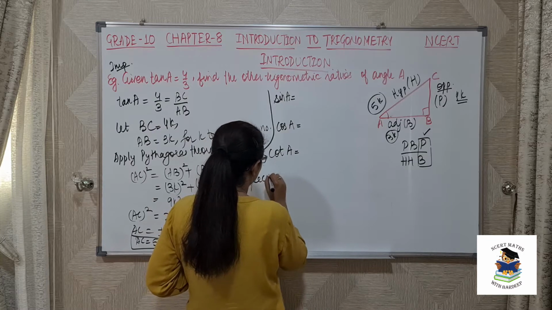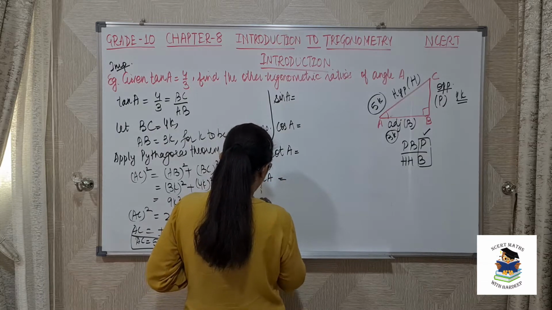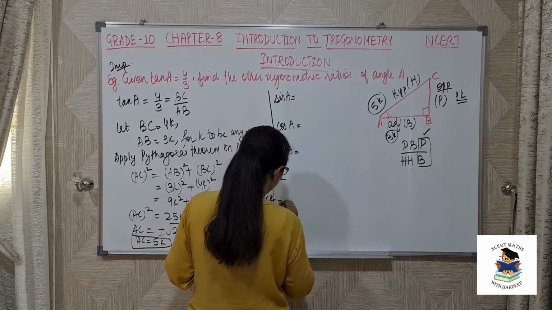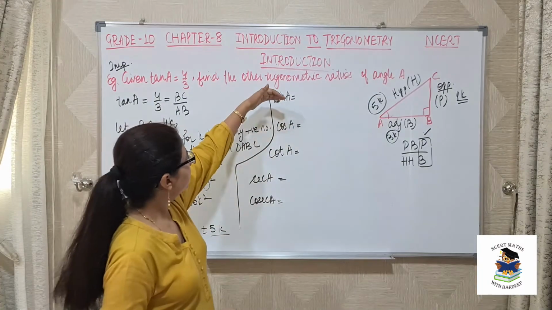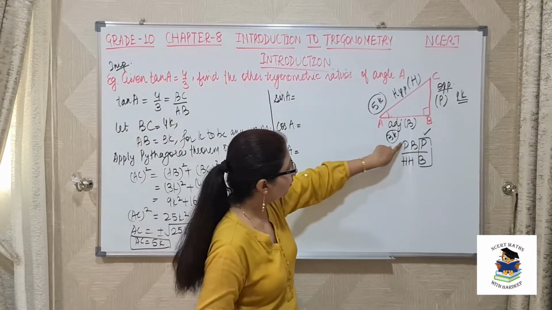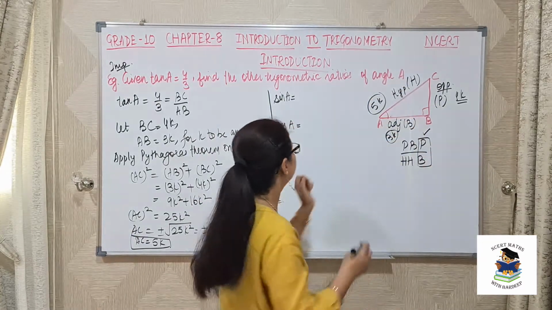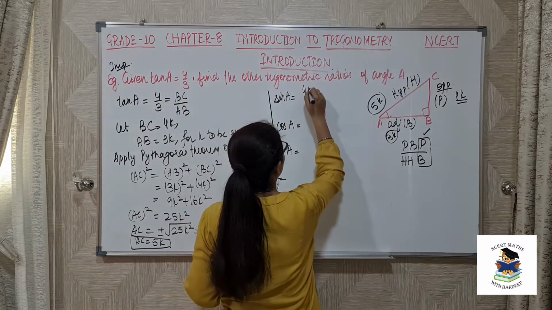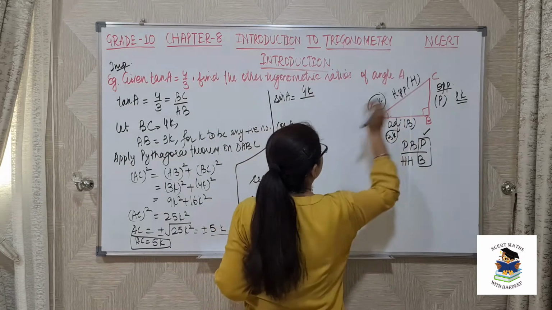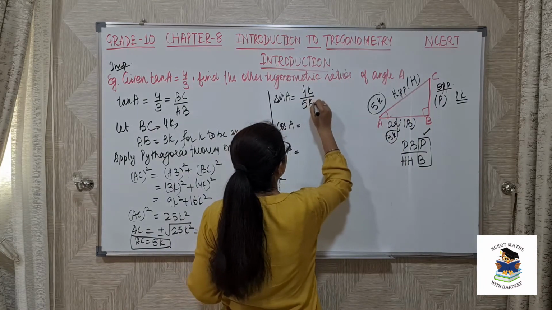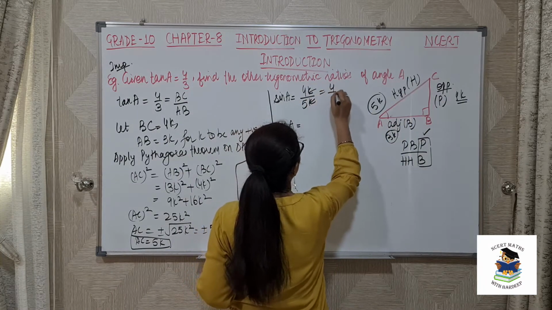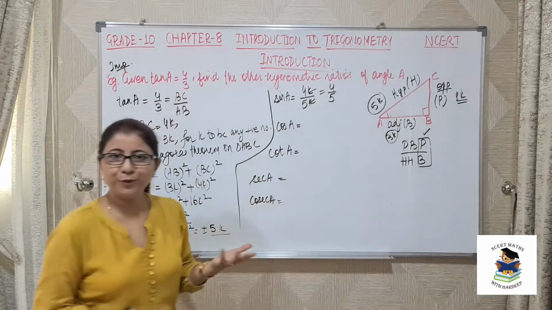Then secant A and cosecant A. So let's start. Sine is P over H. And what is P? This is 4k over H. H is hypotenuse, that is 5k. So after simplification we will get 4 by 5.